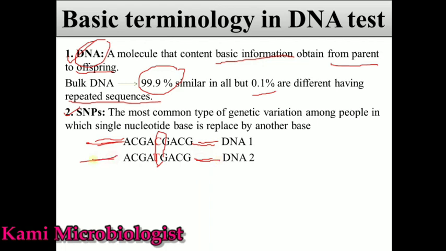Both are similar to each other, but a small variation can occur at a single nucleotide. As you can see, in this case we have C, but in the other case, instead of C we have T. So this is called a single nucleotide polymorphism. When a single nucleotide is changed to another base, we call it a single nucleotide polymorphism. So we can say that in every person, although the DNA is similar, there are still changes at single nucleotides.